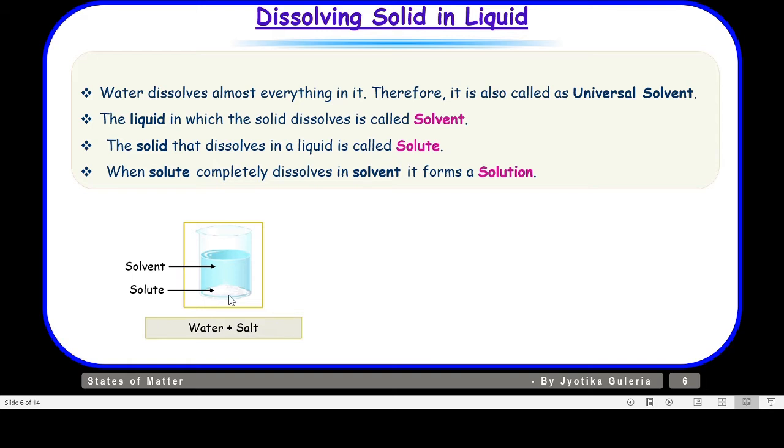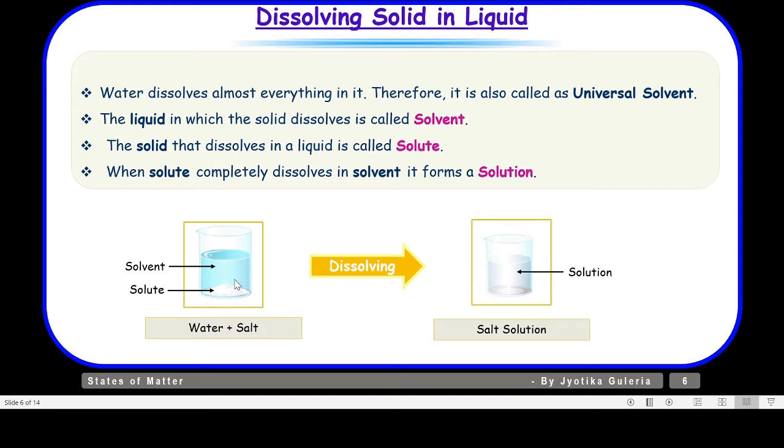So salt, which is a solid, is the solute. When we stir the solute in the solvent, we get the solution. On dissolving, we get a salt solution. So we can always say that when a solute completely dissolves in a solvent, it forms a solution.